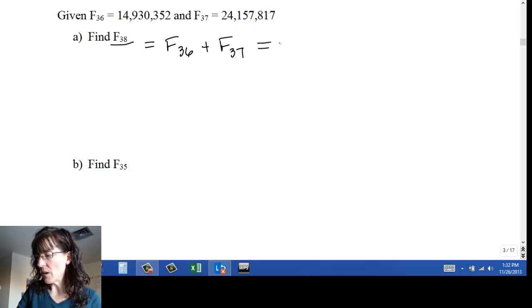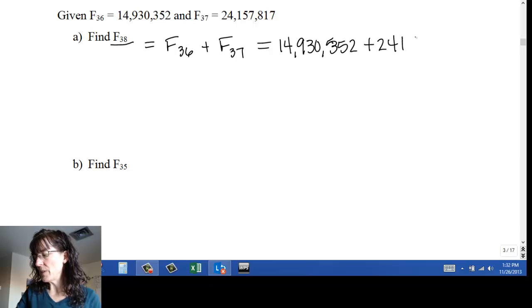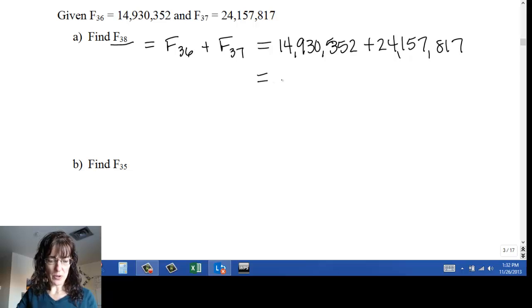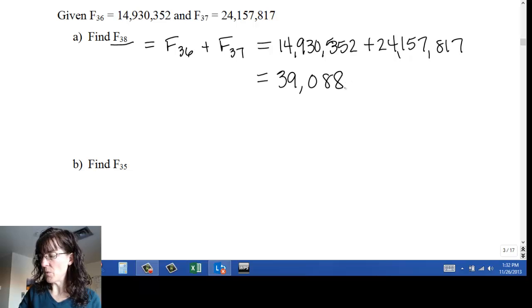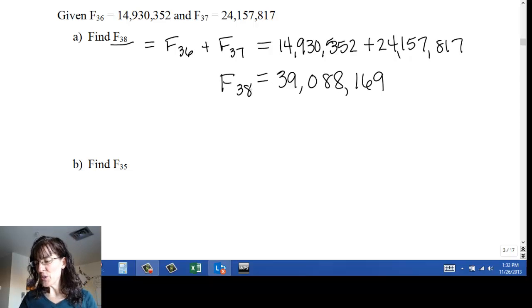So if I take those two, then I have 14,930,352 plus 24,157,817. And when I add those two together, you can do that on your calculator or do that by hand, you should get 39,088,169. And that would be f sub 38.